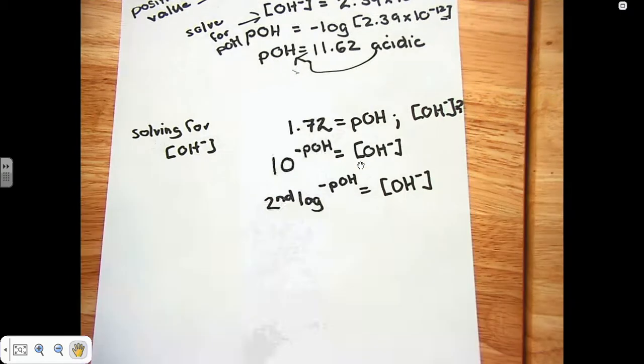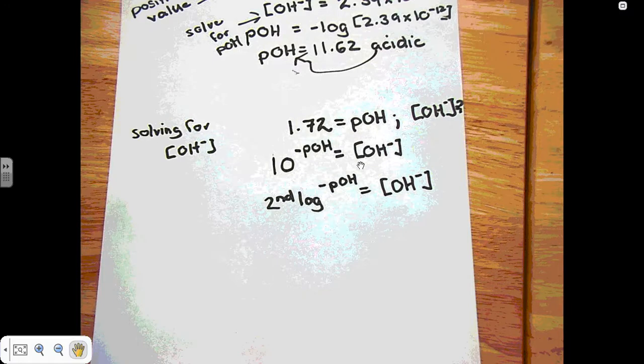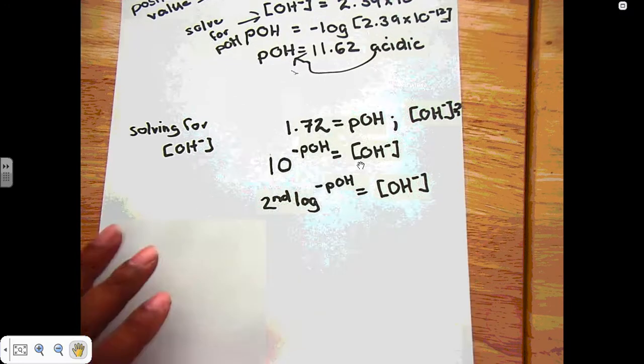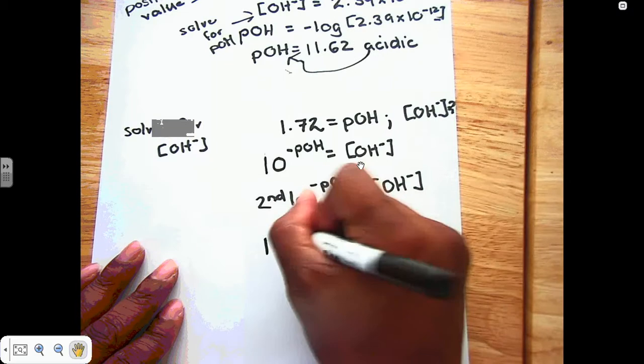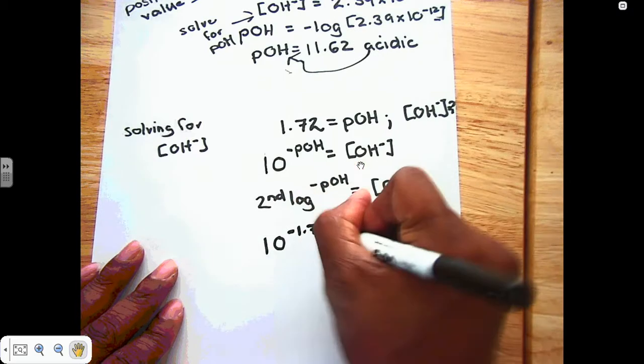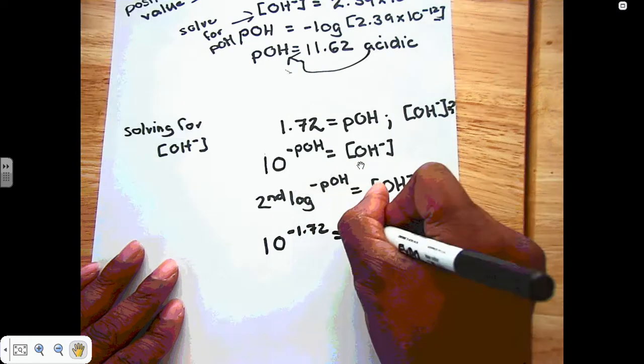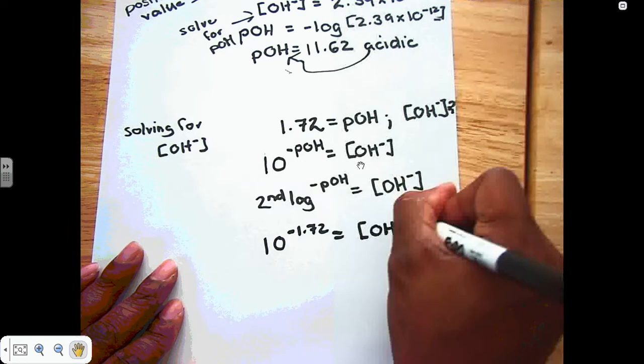So it just depends on which calculator you use. You just want to make sure you have a calculator that you trust when everything's said and done. And so rewritten, the equation would look like this. 10 is raised to the negative 1.72 value, and that's going to be equal to my hydroxide concentration.